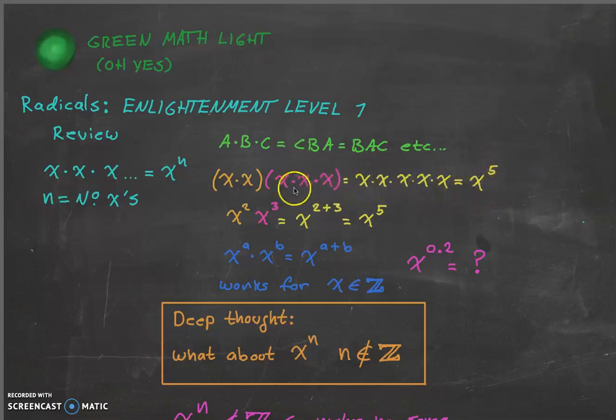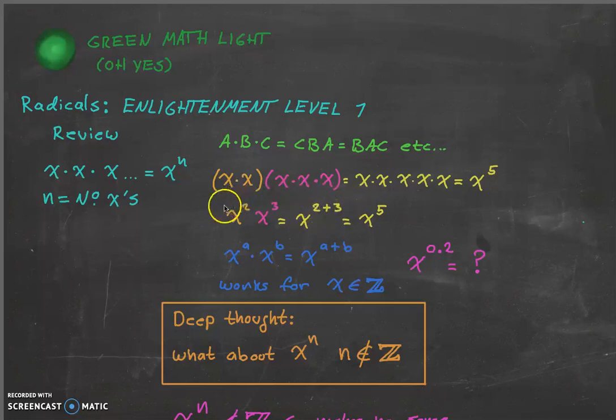Now I can also, instead of writing this out in terms of all these x's here, simplify this orange term as x squared, and I can simplify this pink term as x cubed, and then I can rewrite this as x to the 2 plus 3, right?